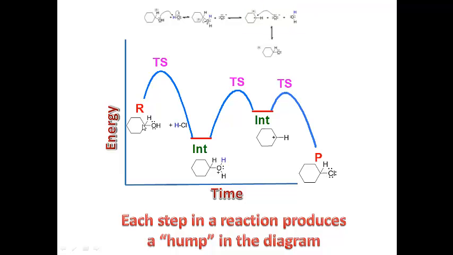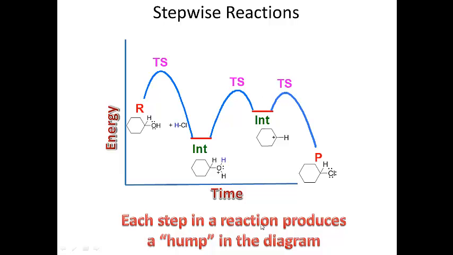Each one of these humps in this diagram represents a step. At the top of each hump you have a transition state. In between two humps you have your intermediates. So you went from reactants to an intermediate, then this intermediate got converted into a second intermediate, and that got converted into product.